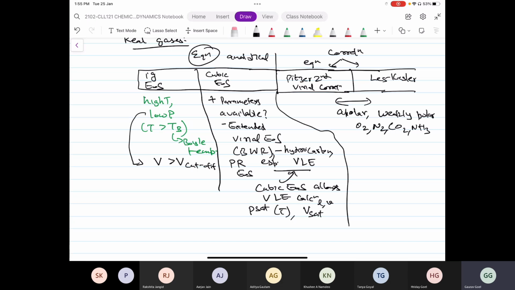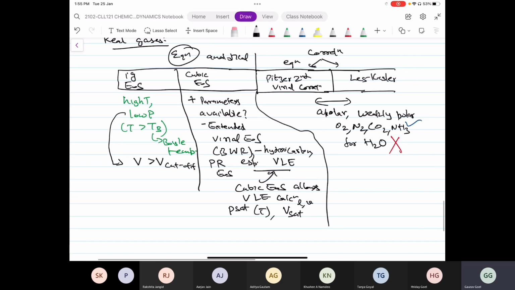For all of these, Lee Kesler and Pitzer second virial are okay. For strongly polar species, for example water, not so good. Okay, so that is in terms of species.